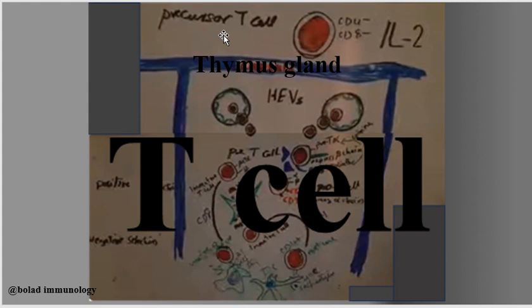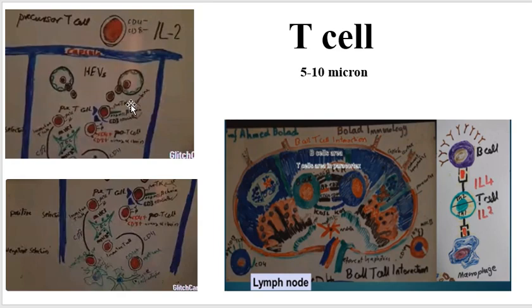T cells originate from bone marrow and migrate to the thymus gland as precursors, as can be seen here. This is CD4 negative, CD8 negative.